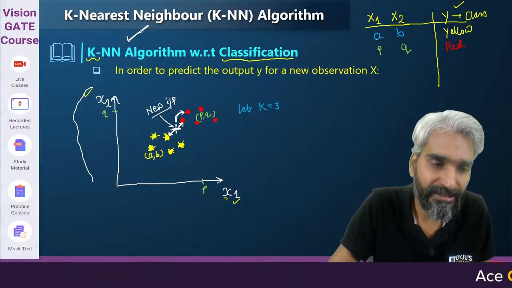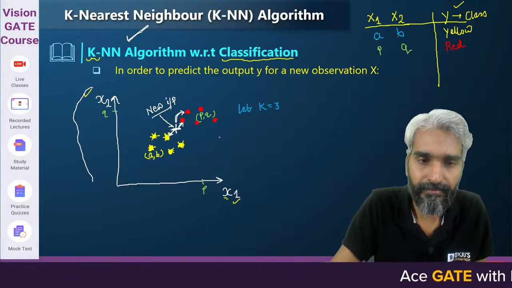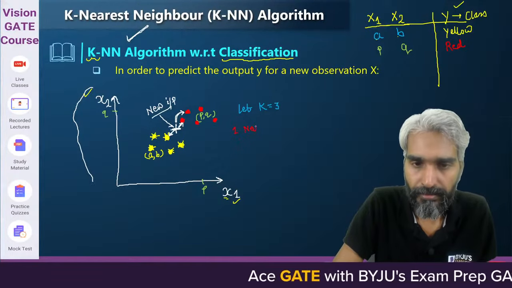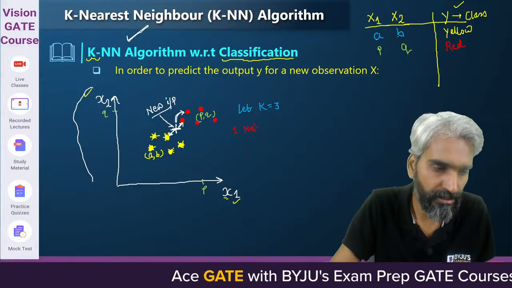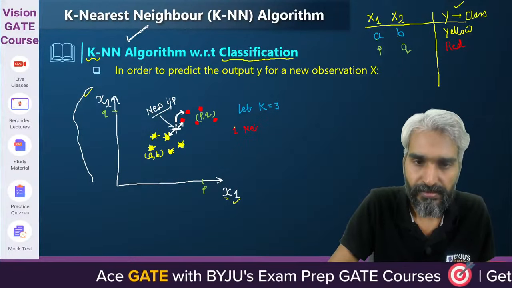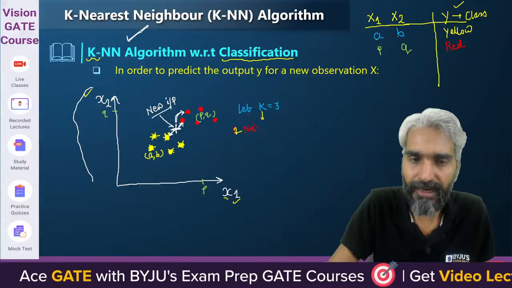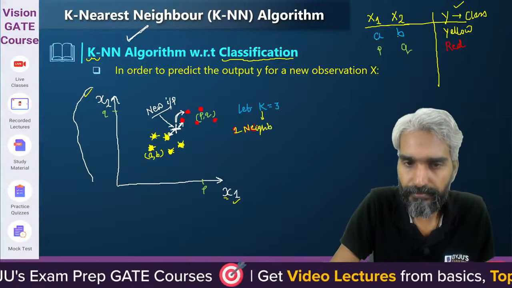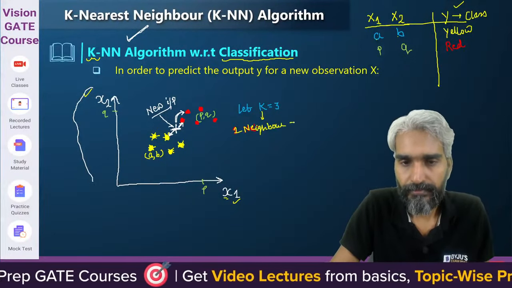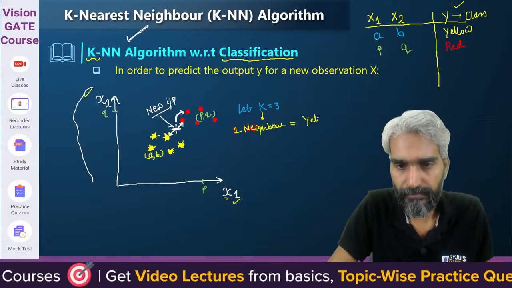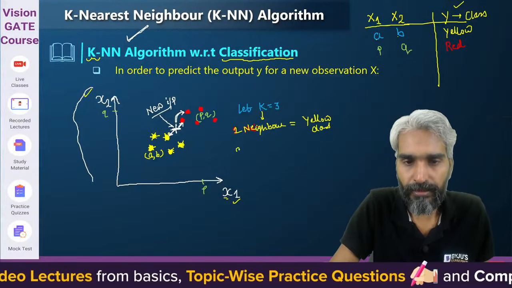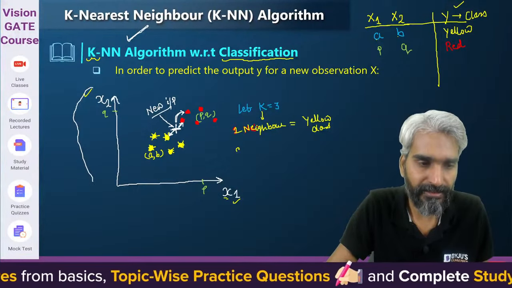So you can just say, neighbor, one neighbor. Let k equal 3, and we identified one neighbor from the yellow color class and two neighbors from the red color class.